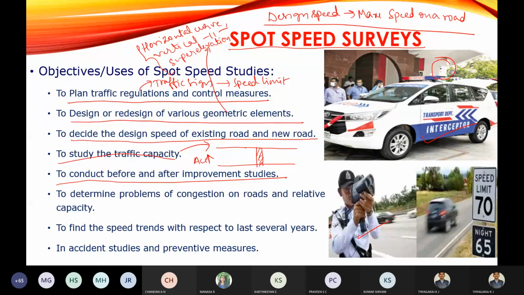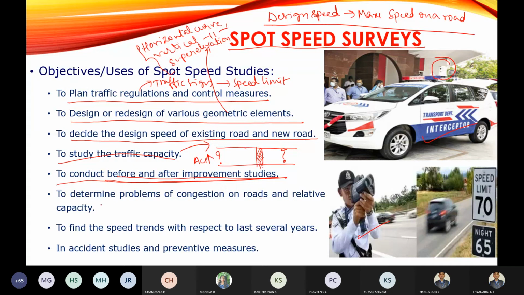Based on the spot speed study, you have installed a traffic control measure, that is, a speed breaker. Before, you note down how many accidents are happening. Then after installing the speed breaker, how many accidents have occurred? That is a before and after improvement study.